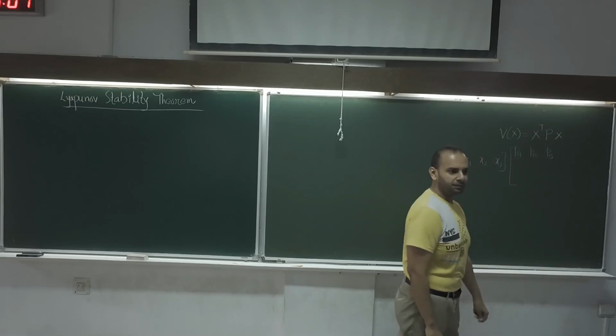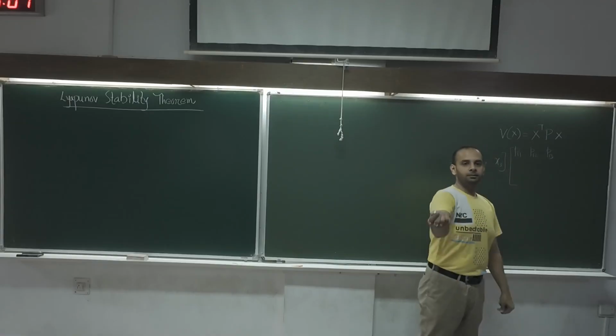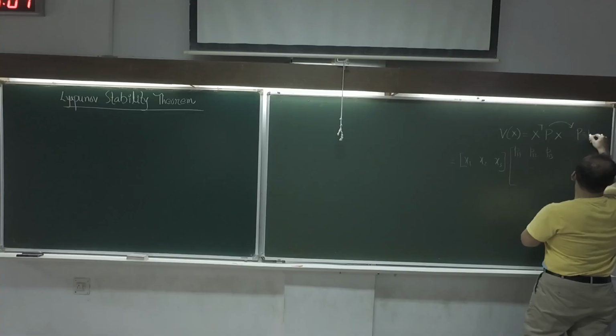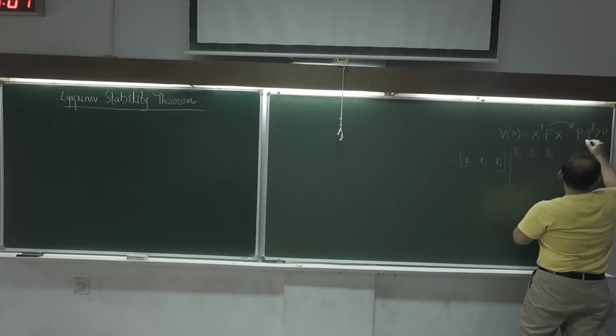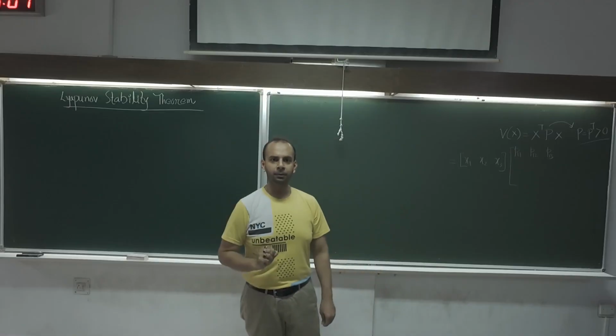If we take a symmetric matrix here, because ultimately, can anybody tell me why we prefer to take this P matrix as symmetric and positive definite? That too we discussed in brief.